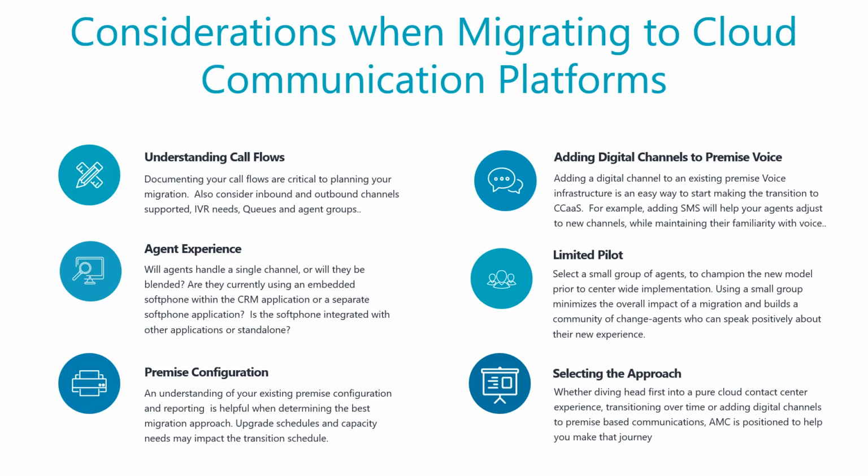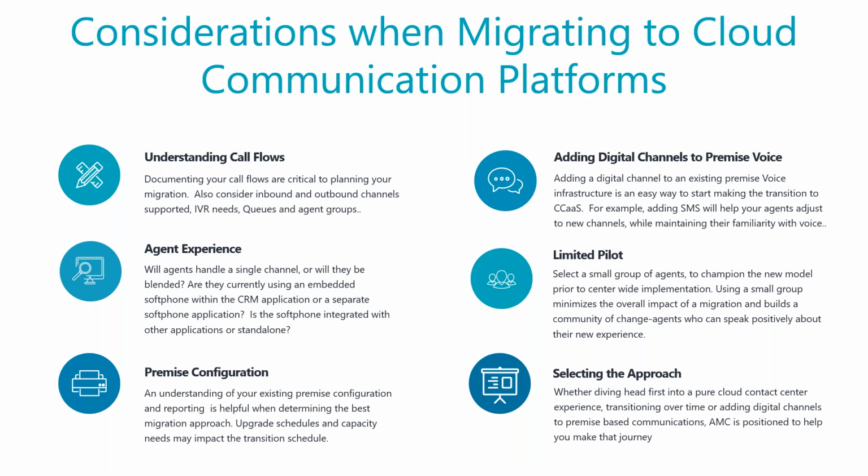So the points we discussed, the call flow, the experience of an agent, and the premise configuration, are about planning. How do we execute it? Adding digital channels to the premise voice is one of the solutions, or a way of taking that planning to the next level.